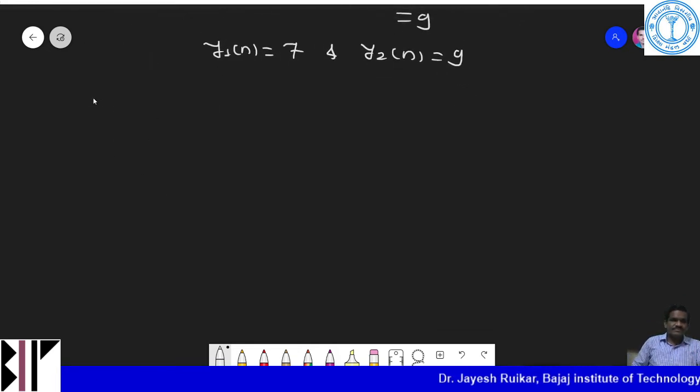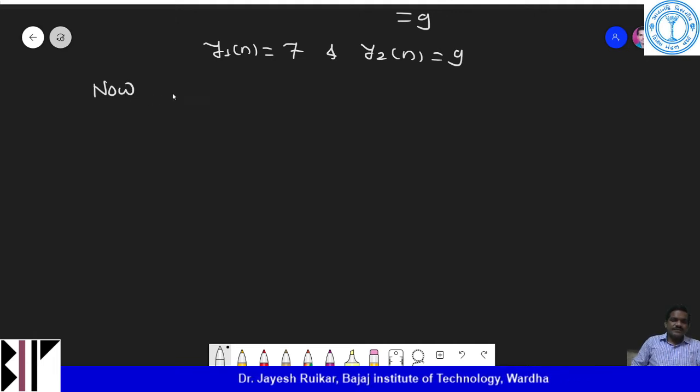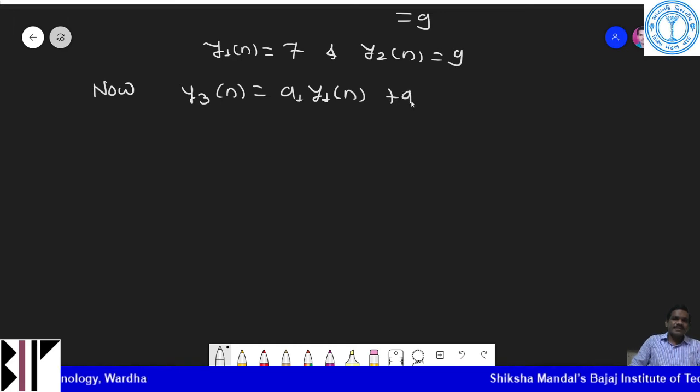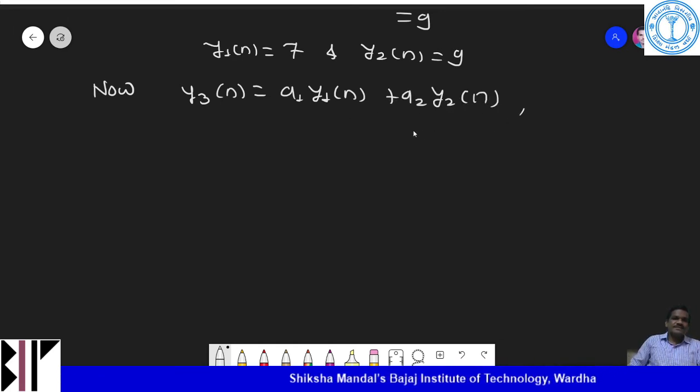Now we know that y3 of n is equal to a1 into y1 of n plus a2 into y2 of n.